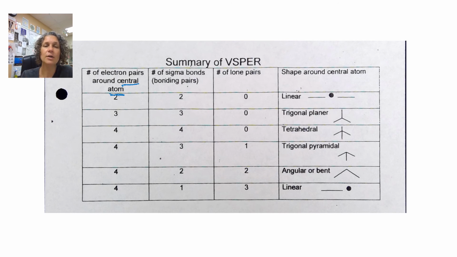And then the second column are the bonding pairs, and then finally the lone pairs. There are 6 basic shapes that we will go over as far as when we use them. Again, we'll draw them, and in class we'll talk a little bit more about what those shapes look like. They're 3-dimensional, which obviously is hard to do when you're drawing a picture of them, but in the real world they do have a very specific configuration.